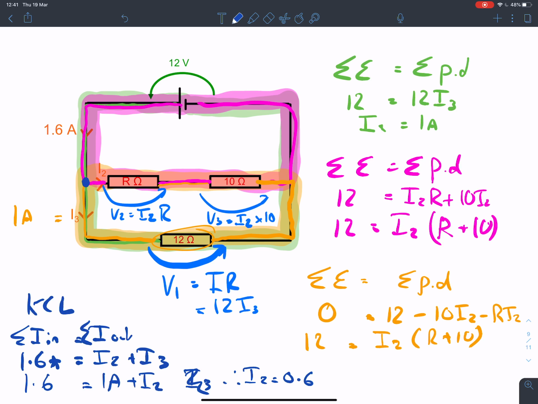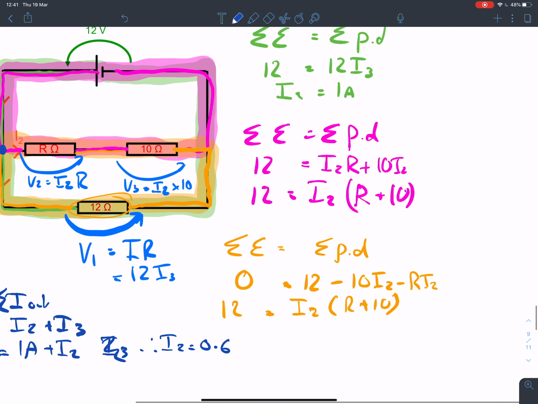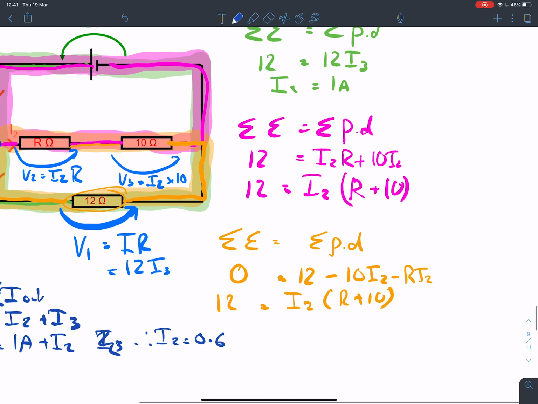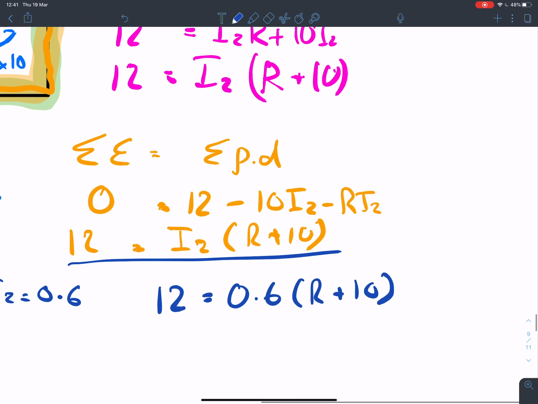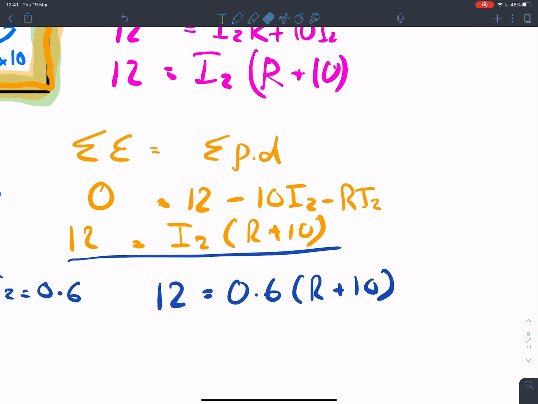Once we've got that, we can substitute that in and use this to solve our value for R. So let's substitute that into here: 12 equals 0.6 R plus 10. How can we solve this? Let's expand out that bracket.